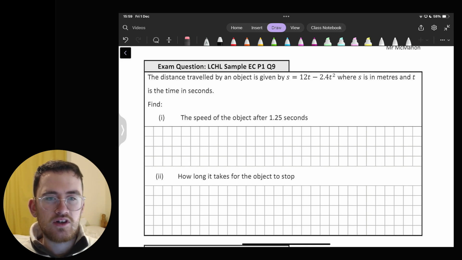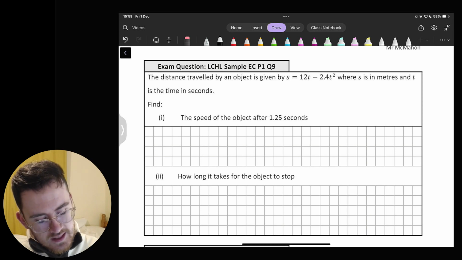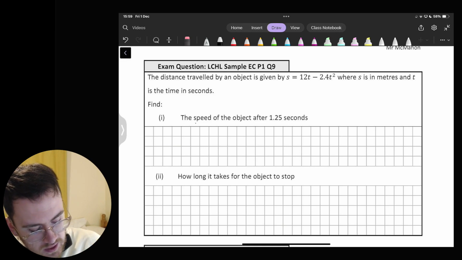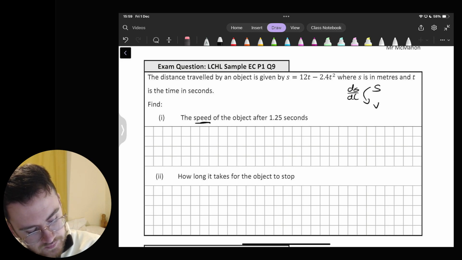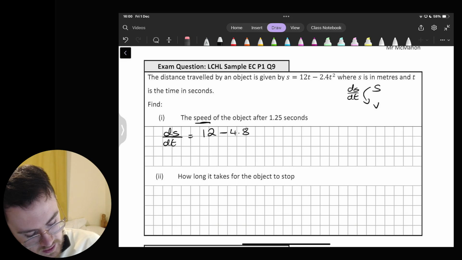Similarly, if we look here, the distance traveled by an object is given by this function, where s is in meters and t is the time in seconds. We want to find the speed of the object, so we're given displacement, and to find speed we just need to differentiate. Differentiating the displacement, I get 12 minus 4.8t.